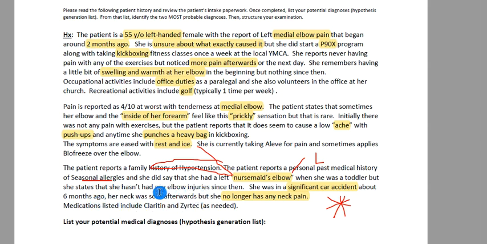Even though she didn't have any pain afterwards, besides soreness, there still could have been some type of underlying pathology, especially when we combine that with the prickly sensation. So combining those two things, the prickly sensation along with the car accident, does it mean anything? I don't know, but it's something we certainly have our interest piqued in at this point.